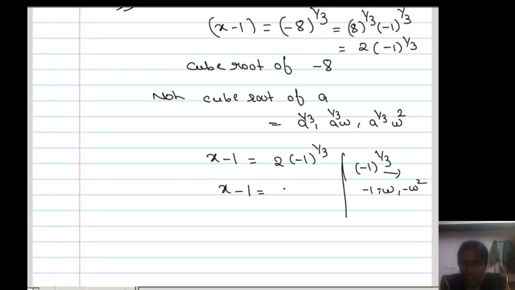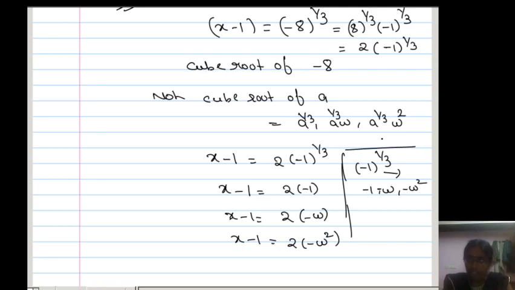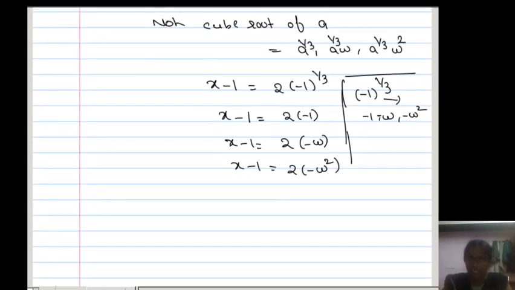So x minus 1 is 2 into minus 1, next x minus 1 equals 2 into minus omega, next x minus 1 equals 2 into minus omega power 2.